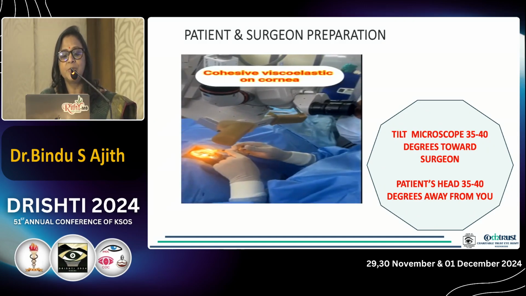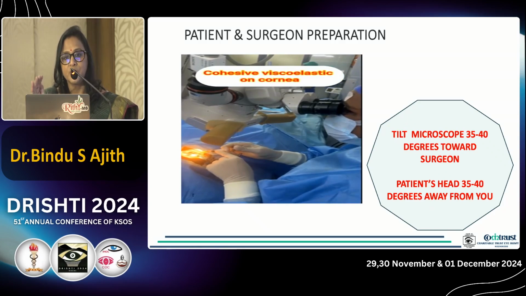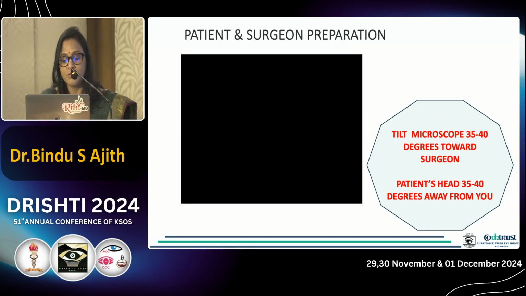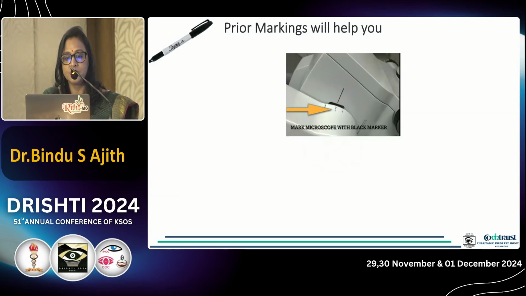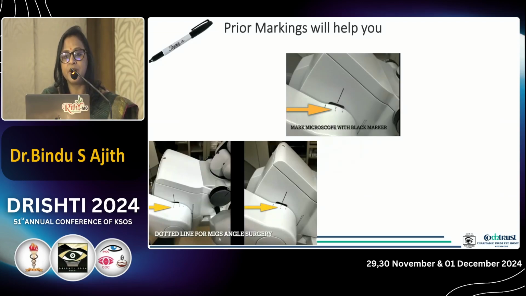And then be comfortable with the XY coupling because you have to zoom in and zoom out many more times than in your phaco. When you're sitting, you have to sit a little bit away so that you can move your hands freely. Some people mark it beforehand, so that the next time they have another surgery, they can go to the pre-marked position. But it is not always the same.